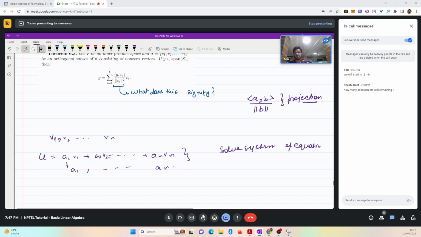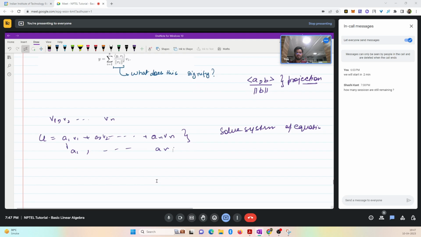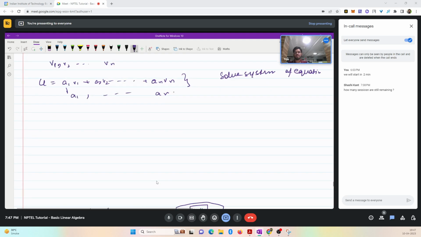Now what I'm saying is, if my v1, v2, vn are orthogonal, then we need not solve a complex system of equations to get these values. I'll give you an example.